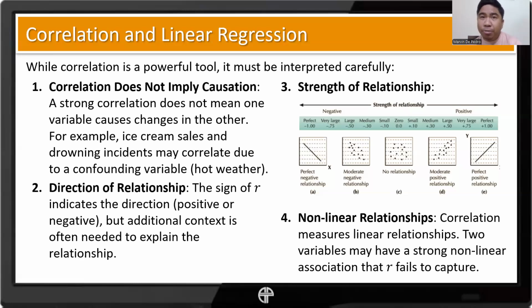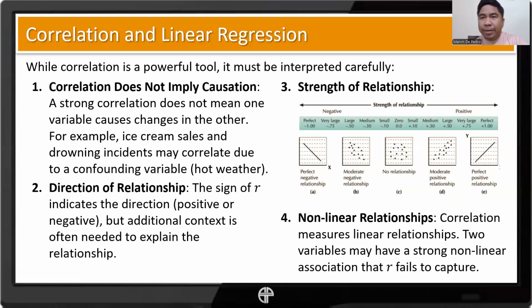But additional context is often needed to explain the relationship, especially the magnitude of R. We should know how far it deviates from zero, or how close it approaches one or negative one. And there are many other things we have to consider when stating the relationship of two variables.